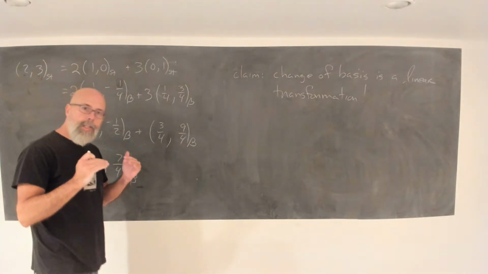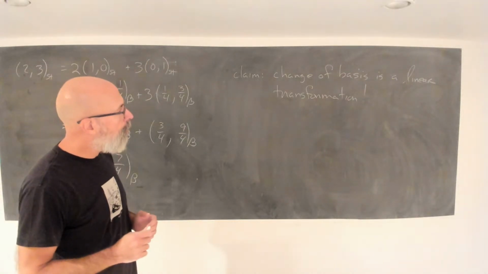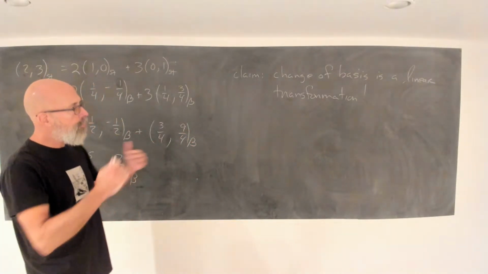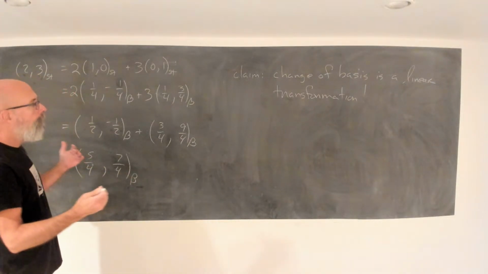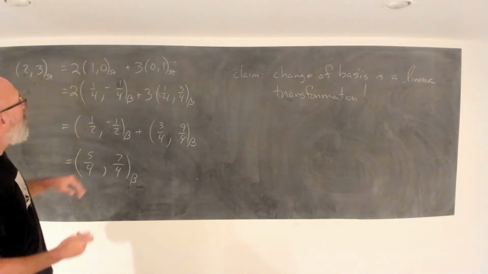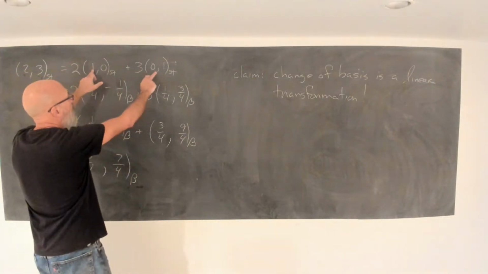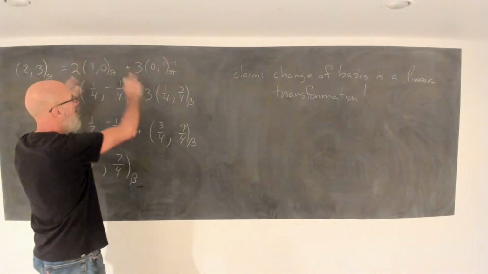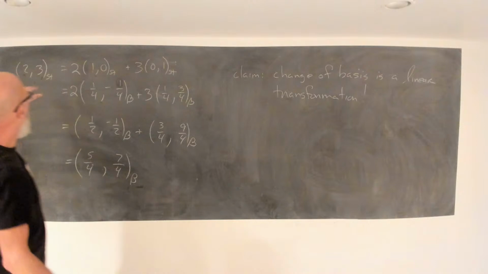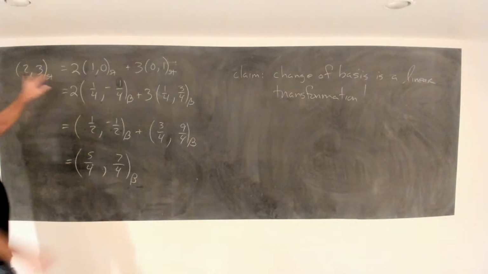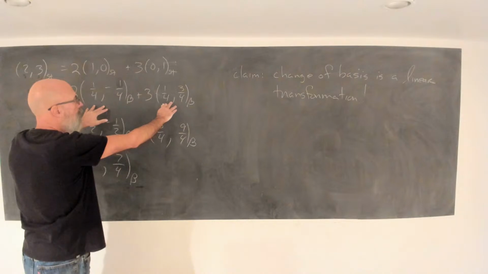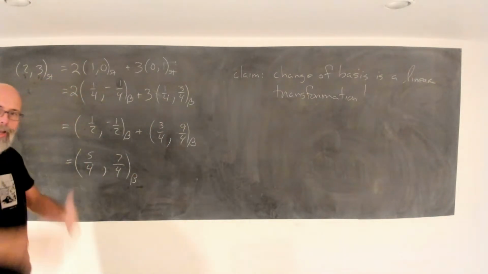If you take two vectors and you write them in terms of another basis, this vector can be viewed as the sum of two vectors. Break up those two vectors in the basis, rearrange them.